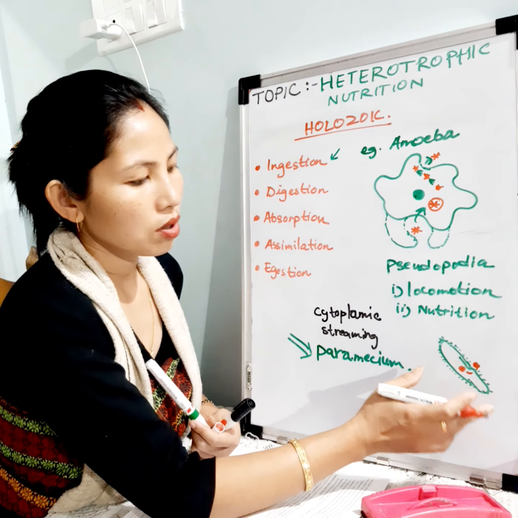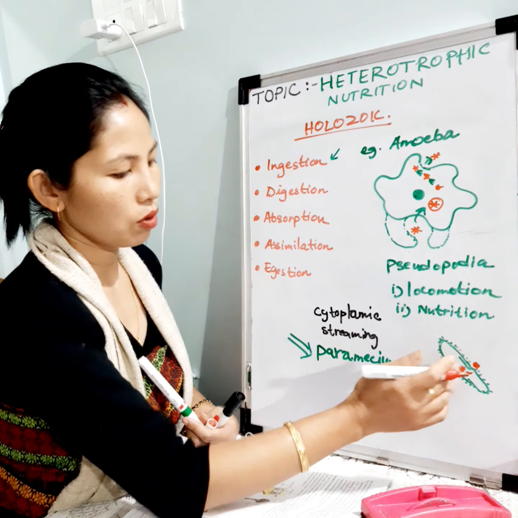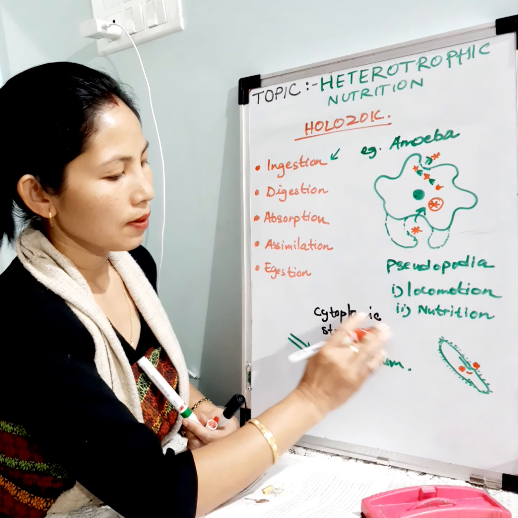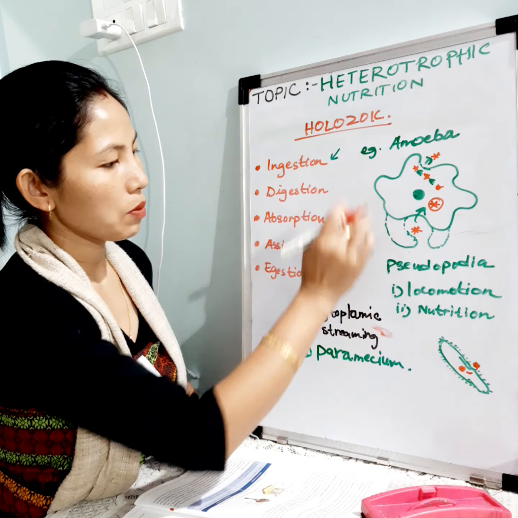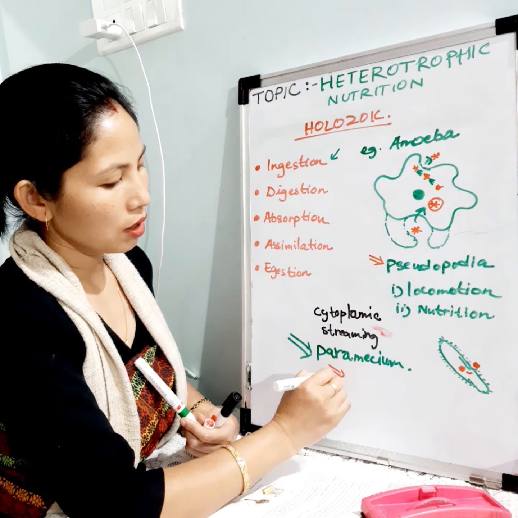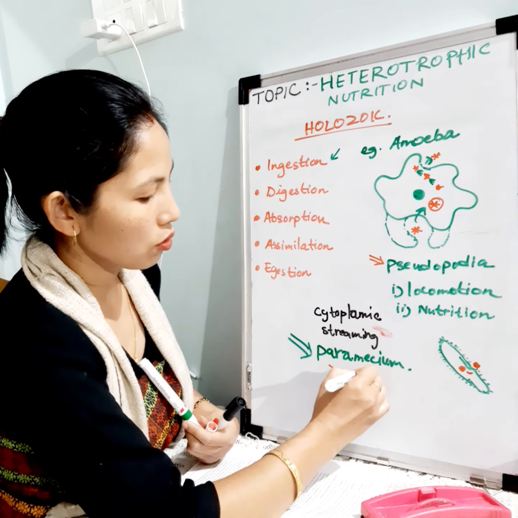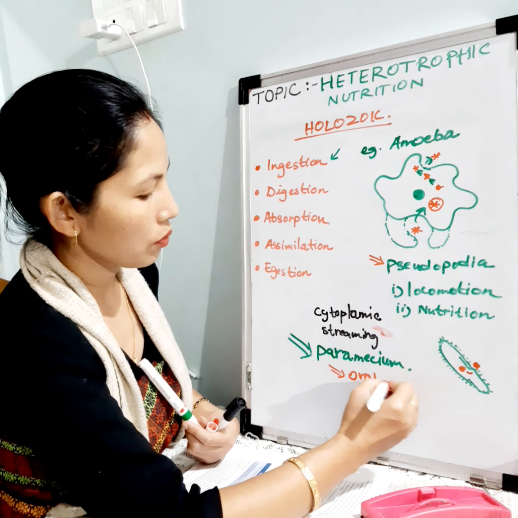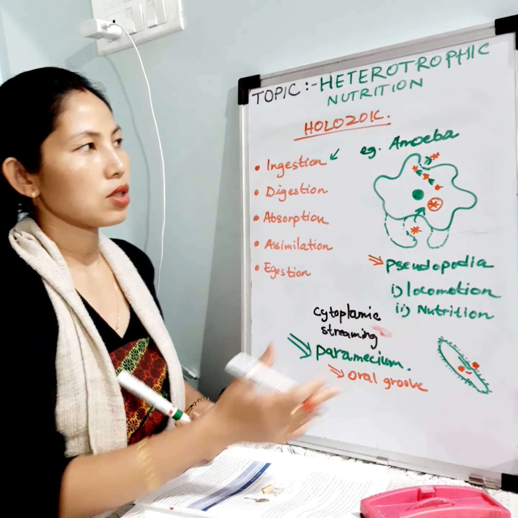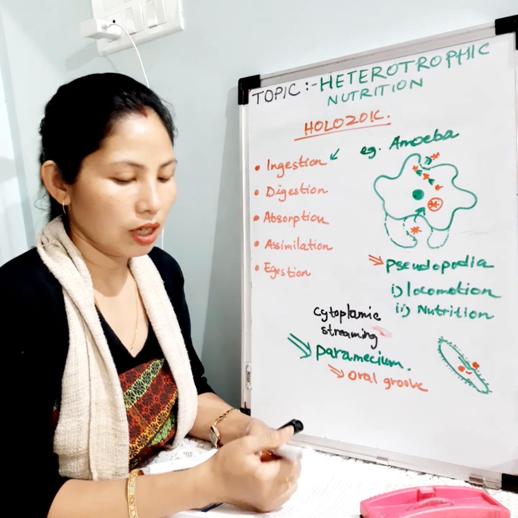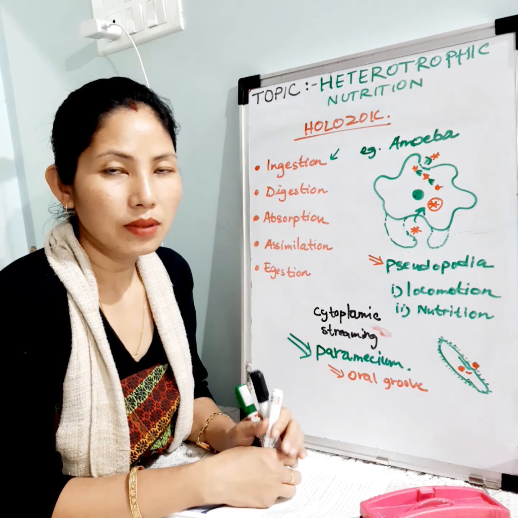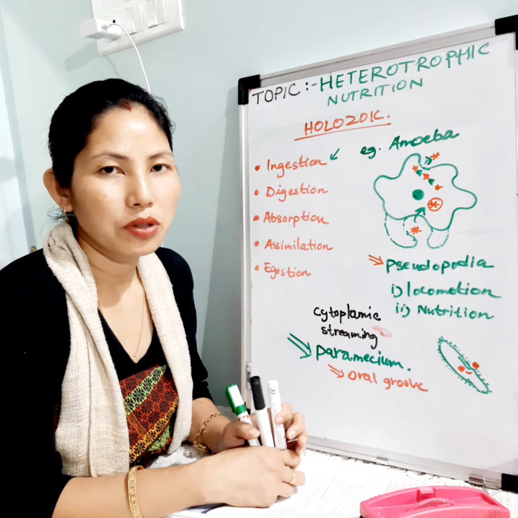So in case of amoeba they use the pseudopodia, whereas in case of Paramecium they use the oral groove for entry of the food. So this is how holozoic nutrition is carried out in unicellular organisms such as the amoeba and the Paramecium.